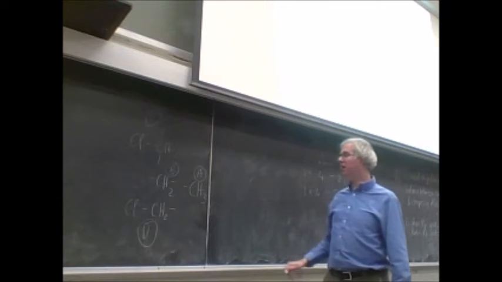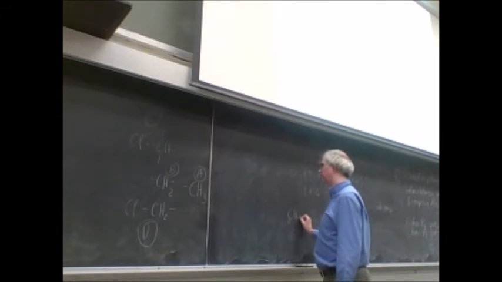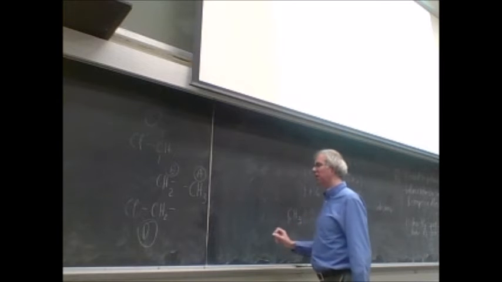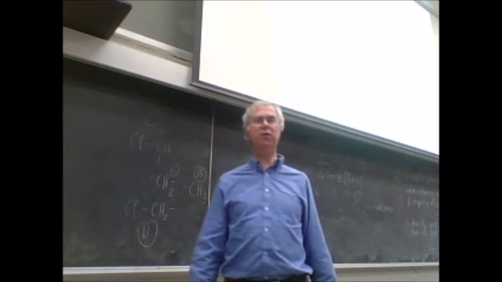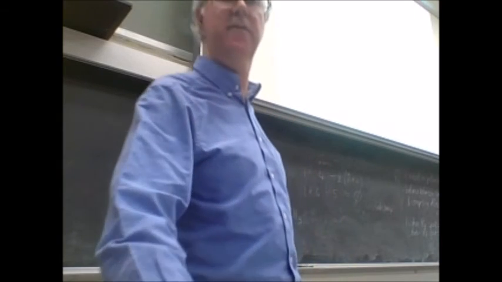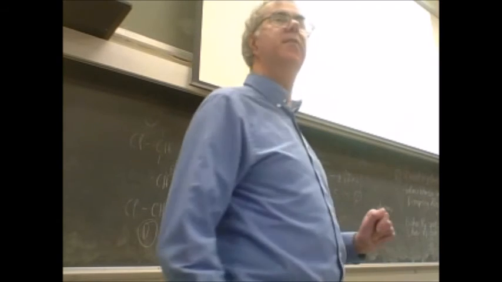We have to have CH3 at one end, and we have to have CH2Cl at the other end, because as long as you follow the rule that carbon forms 4 bonds, it has to come at the end.